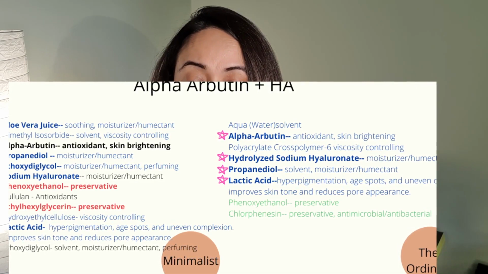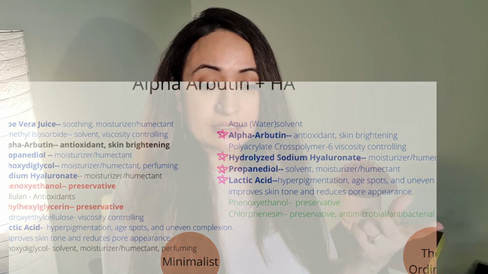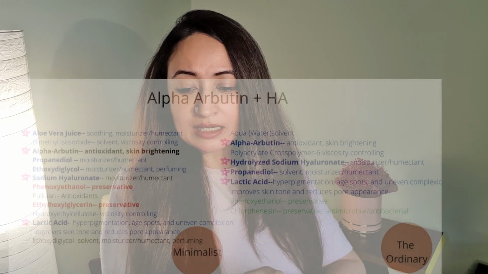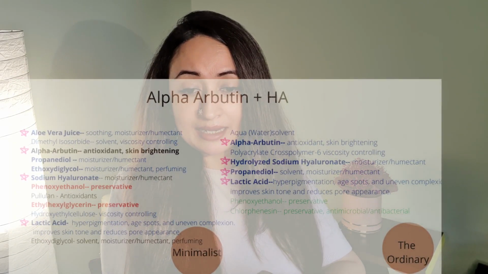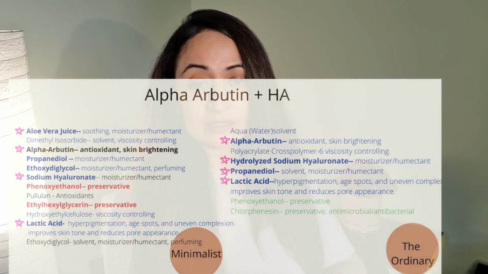Then we see the lactic acid is way down in the Minimalist, whereas in The Ordinary it is a little higher. If I go back to my notes, we find that the lactic acid in The Ordinary is 8th, whereas the lactic acid in the Minimalist is 15th in the ingredient list.